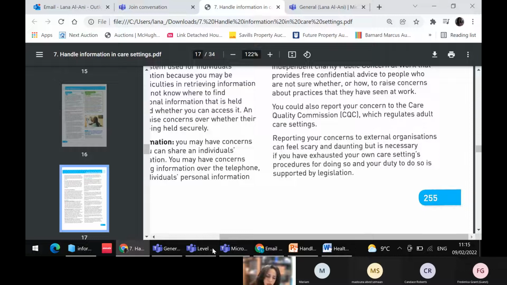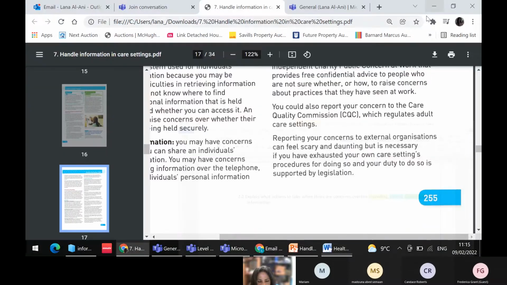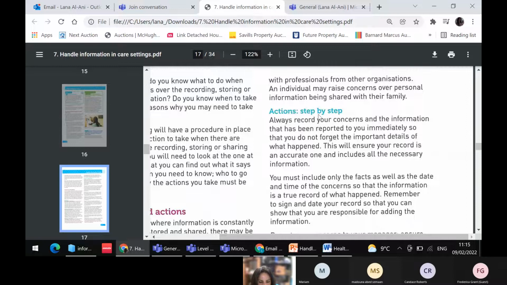So to answer this question, which is explain what action to take when there are concerns over recording, storing, and sharing information, I would answer it this way. I would say my action will be step by step.